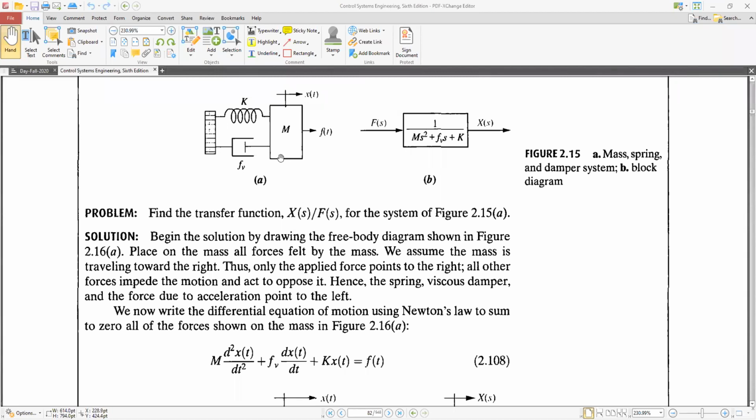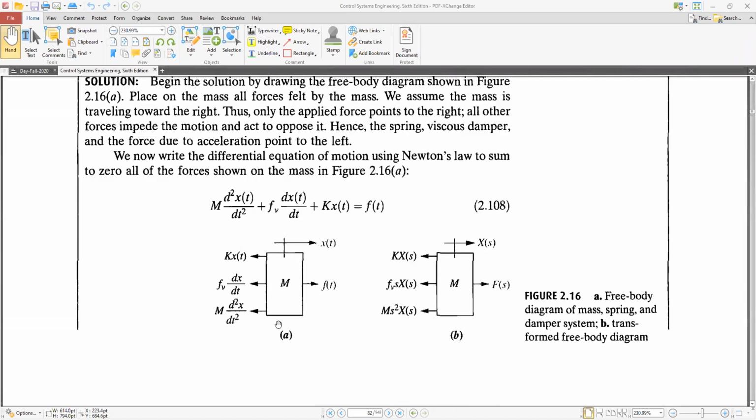So the mass would feel the opposite force to stay as it is. This will also be considered. That's why three forces are there.